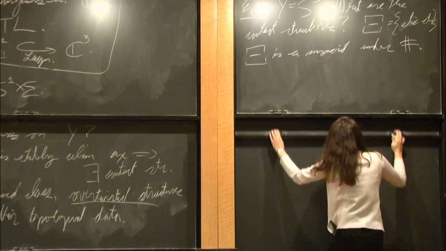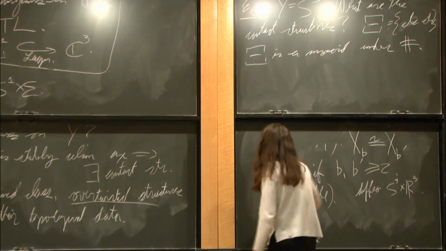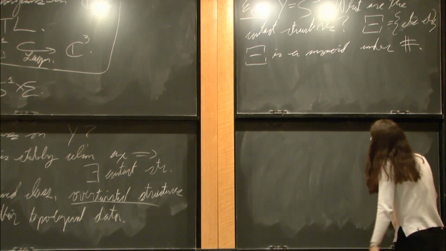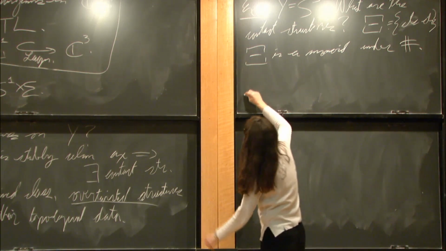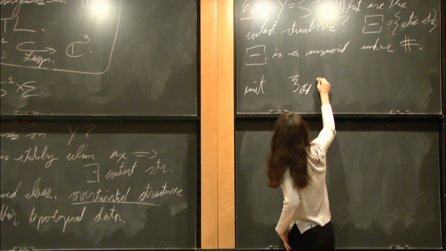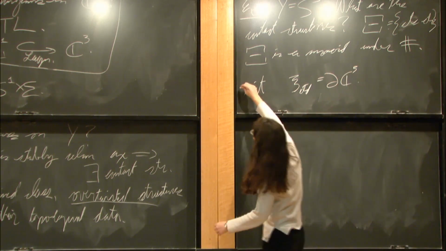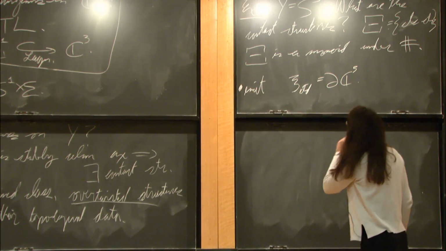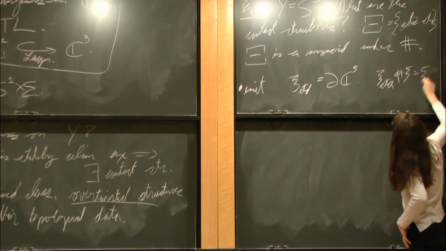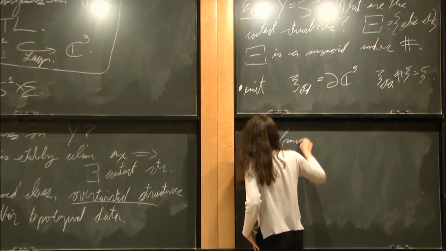So what do we know about this monoid? We know that it has a unit, equal to Xi standard, which is the boundary of C3. So if I take Xi standard and connect sum anything else, we get that same thing back. We know that this is not even finitely generated.